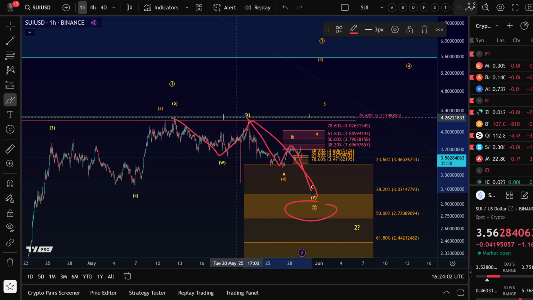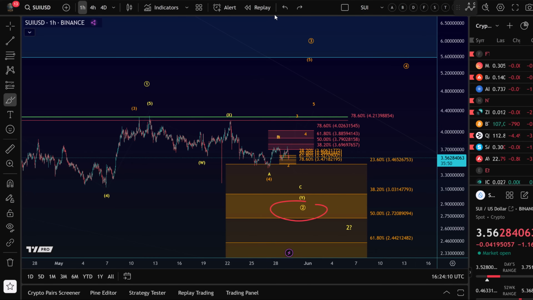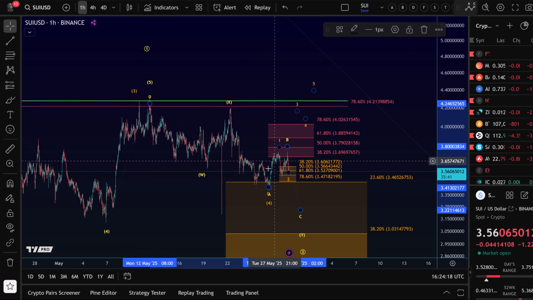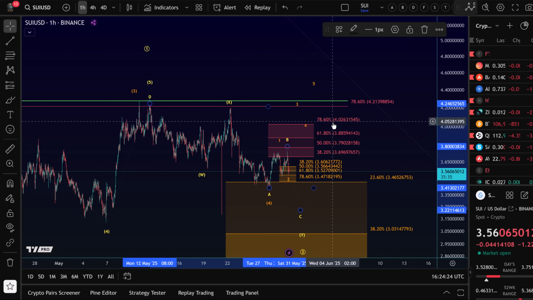Essentially, I'm just looking for a pathway to the downside that makes sense and allows me to add some parameters to the chart. And this wave count does that because we could identify a standard resistance area that so far has been respected. That's here for this B wave, between $3.69 and $4.02. So as long as we don't break above $4.02 or $4.03, there is no sign really that we're breaking out.